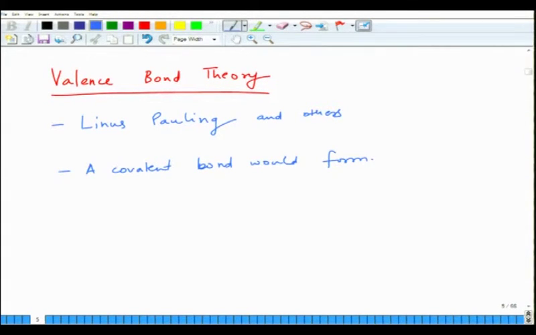Okay. So if I give you the example, in case of hydrogen, when orbitals interact. Now this valence bond theory has undergone several modifications. The reason for that is that earlier this atomic orbital interaction was fine, but there was no concept of orbital hybridization.